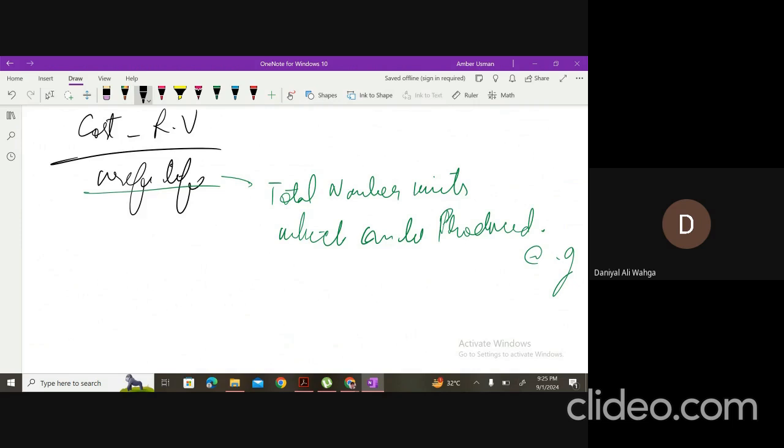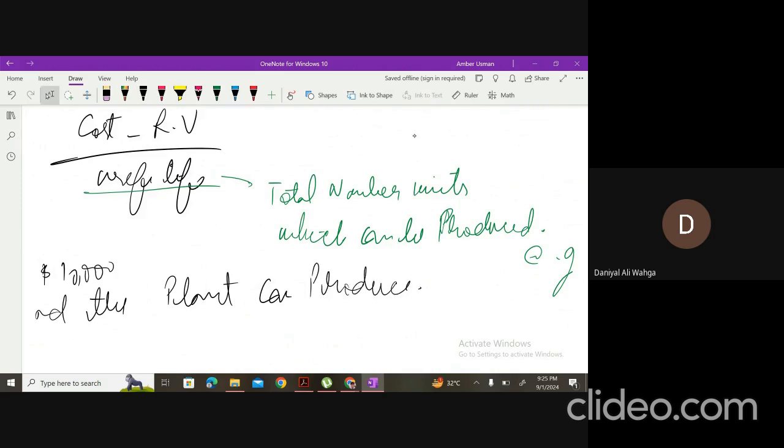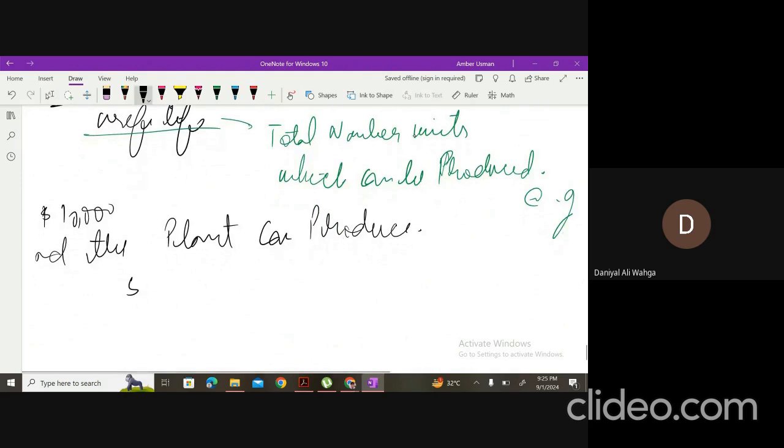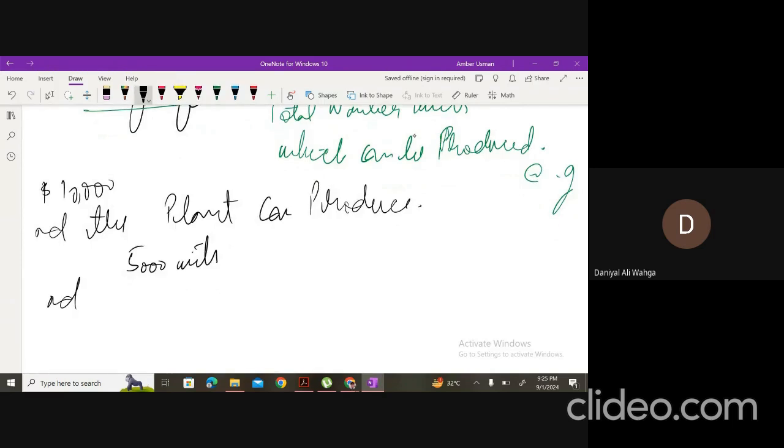For example, we have acquired a plant for $10,000 and the plant can produce 5,000 units in total and has a useful life of 5 years.